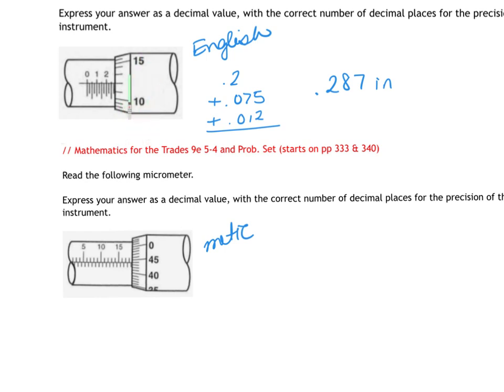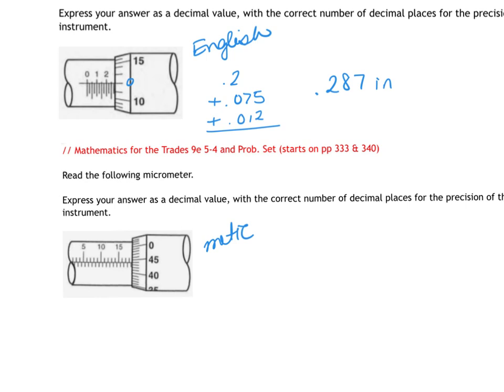But the thimble here does not line up onto the 0 mark, so I have to go even further into my measurements. And my measurement here is the fact that it lines up with the 0.012. So here's 10, 11, 12. If this would have been at 0, my answer would have been 0.275, but it is not. So I have to go even more precise with my measurement, and that is the 0.012.